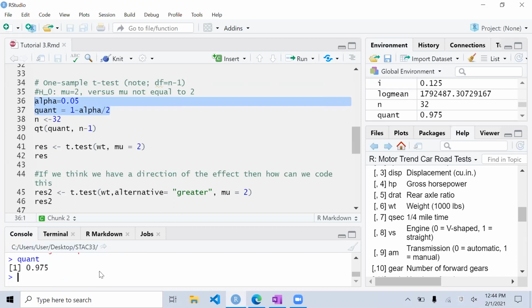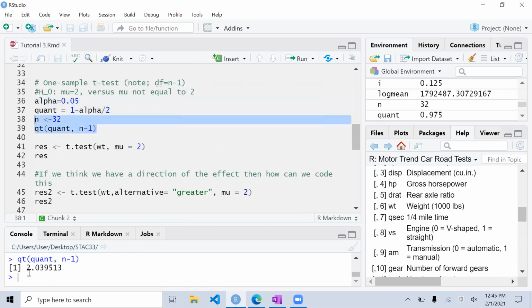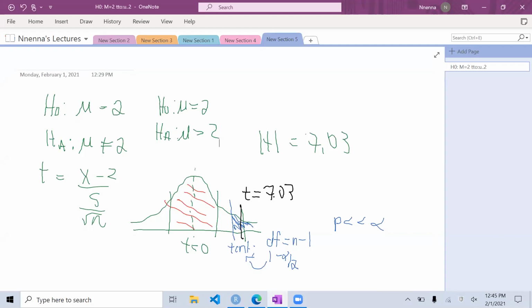I'm going to give this quantile to the qt function with the degrees of freedom, which is the size of the observations I have in my set, which is 32. This is 2.039. So this t critical value here is actually 2.039.